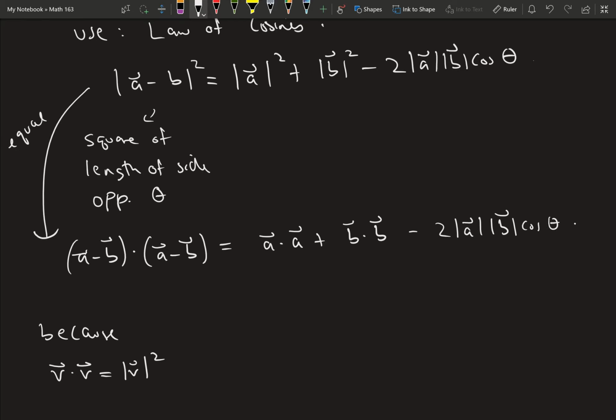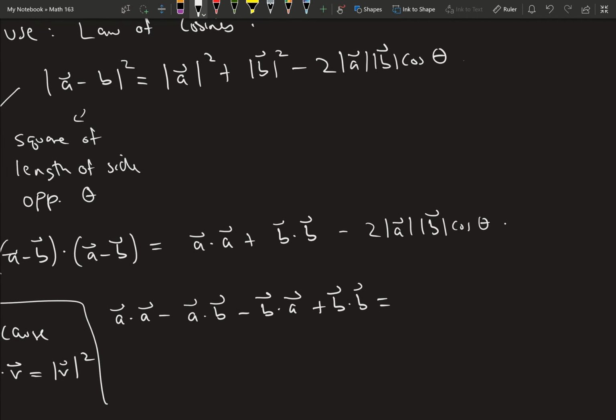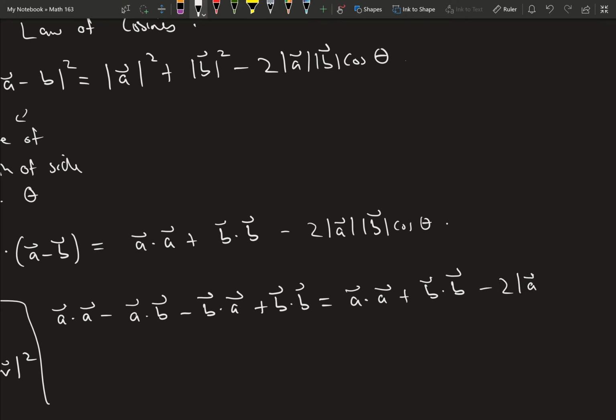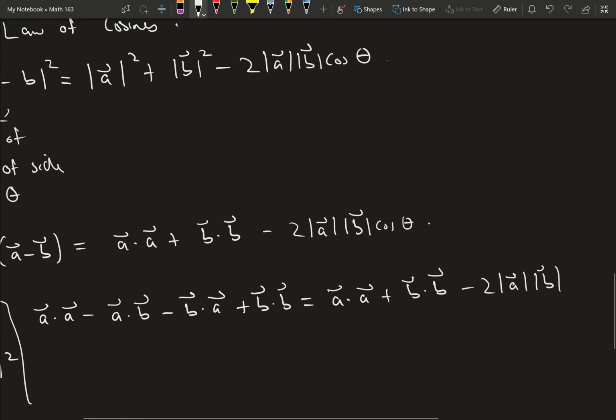Now we're going to use the distributive property. The left side becomes A dot A minus A dot B minus B dot A plus B dot B, which is equal to everything on the right hand side: A dot A plus B dot B minus 2 length of A, length of B, cosine of theta.